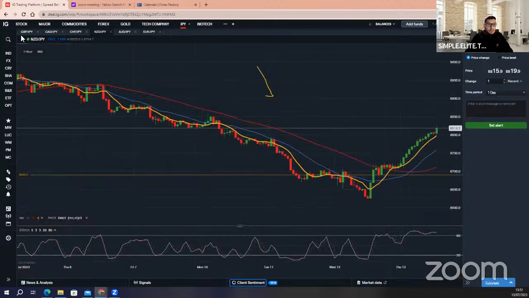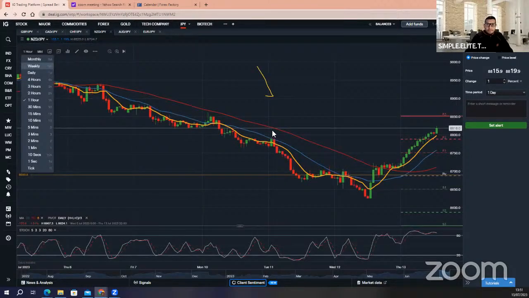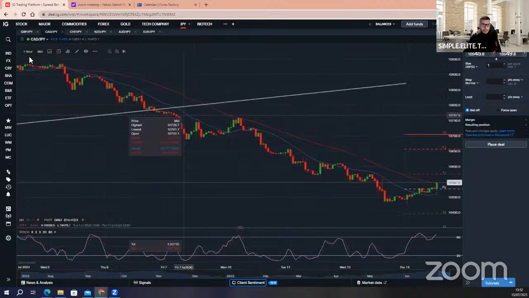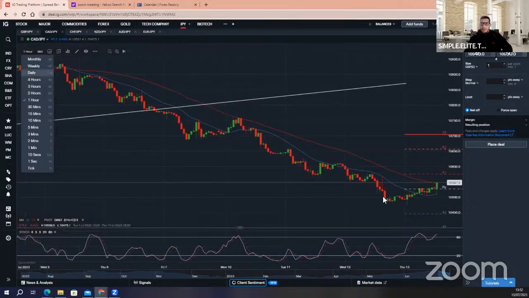New Zealand yen looks interesting as well, because we can see price rejected this support level here, so it's nice to see if it continues the upside. CAD yen as well for me.